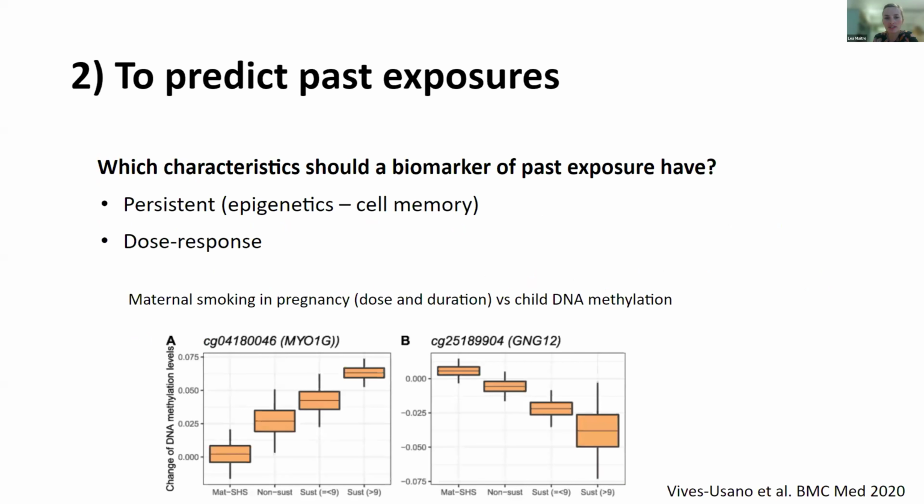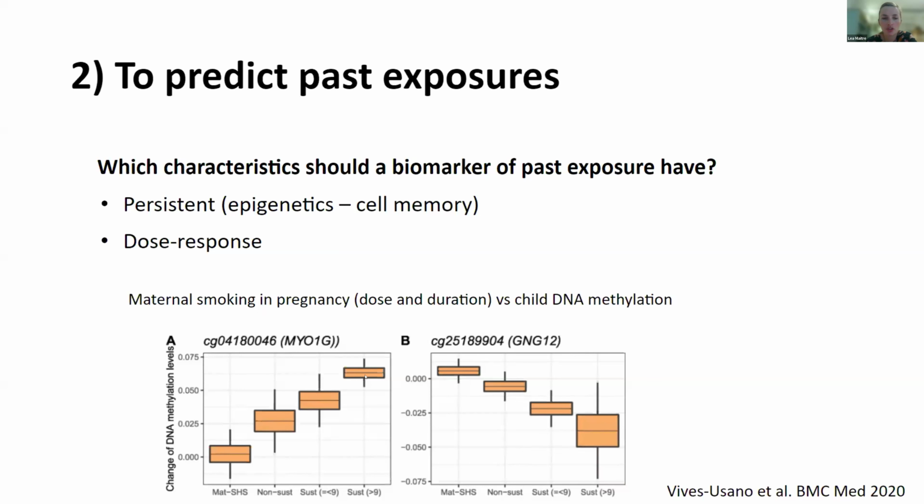And what characteristic do we expect of biomarkers or omic markers of past exposure? This should be a persistent signature. And this really has been more demonstrated with epigenetics up to now, which is a good marker of cell memory. We also, as a main characteristic, expect a dose response.